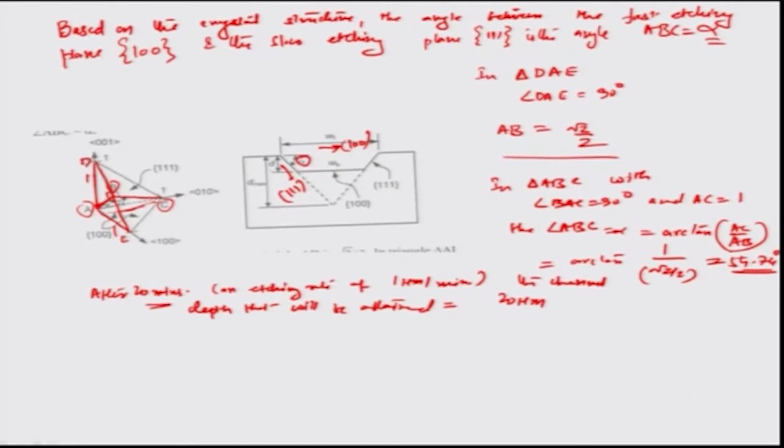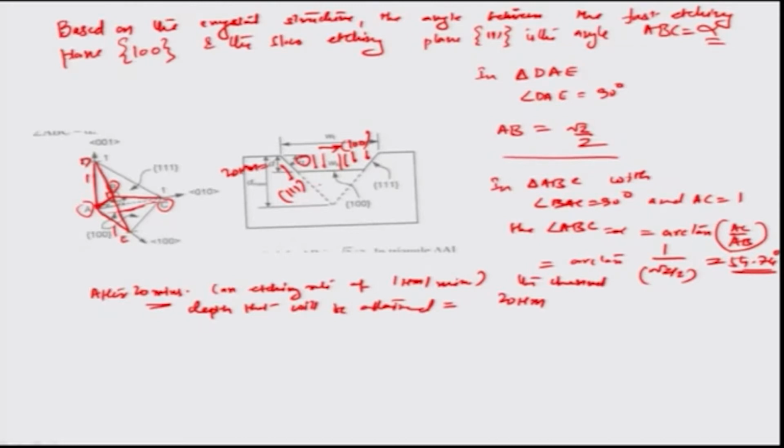So that is going to be the D value here, 20 microns, and the etching is happening anisotropically, and the walls are getting formulated because of that.